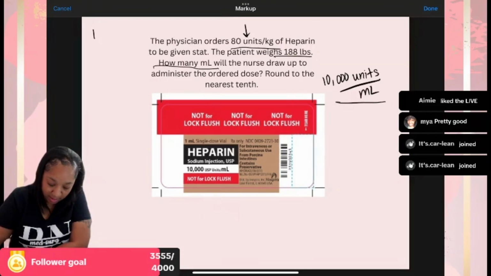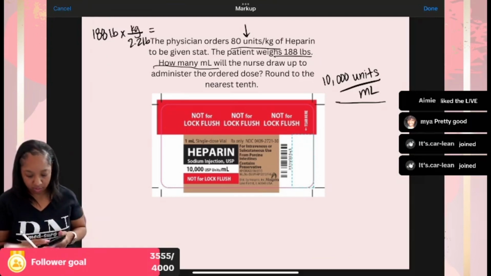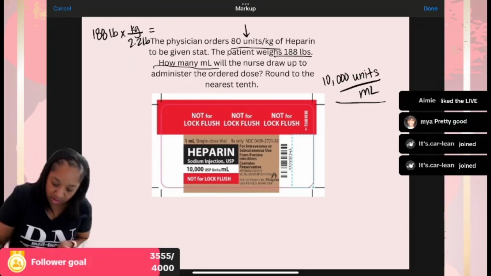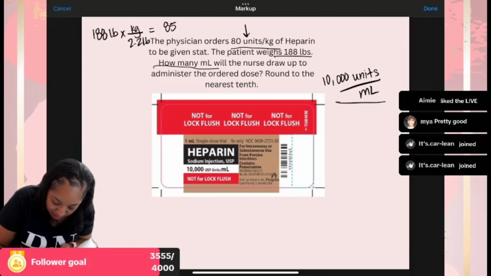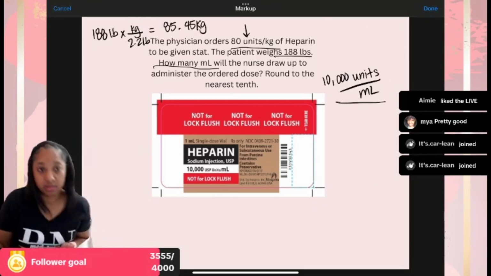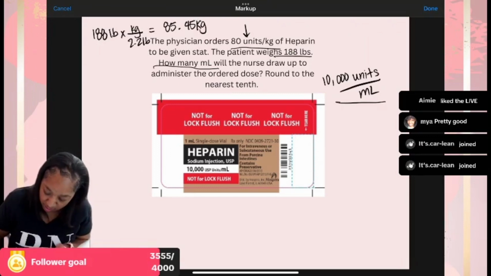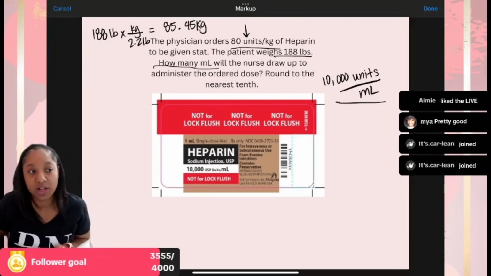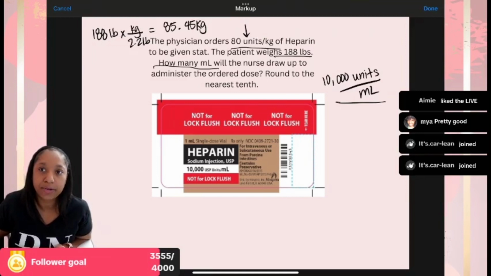So 188 divided by 2.2, okay? So 188 divided by 2.2, it's going to be 85.45 kgs, okay? So that's the weight. So then you'll multiply your weight by your units in your prescription.